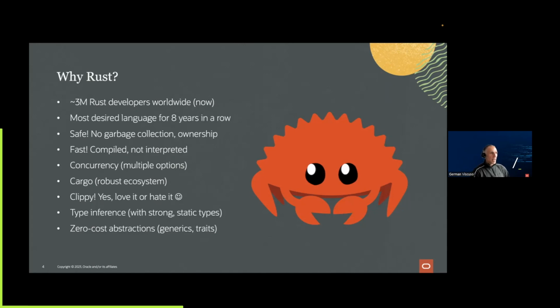And then you probably heard about zero-cost abstraction. Zero-cost abstraction means that you can have generics, traits, and all sorts of things that are available in modern languages, and that doesn't have a penalty on the generated or compiled code. So the code is not slower because it's supporting generics, traits, etc. So that's basically all.